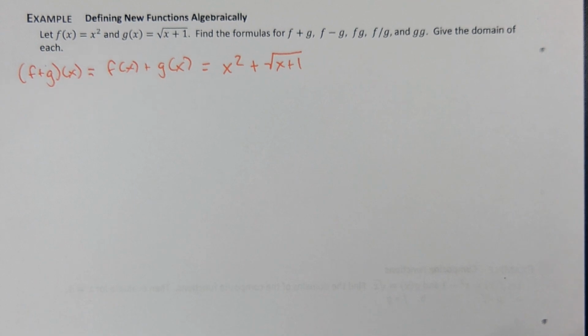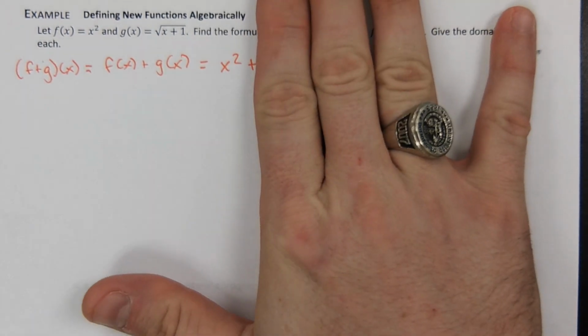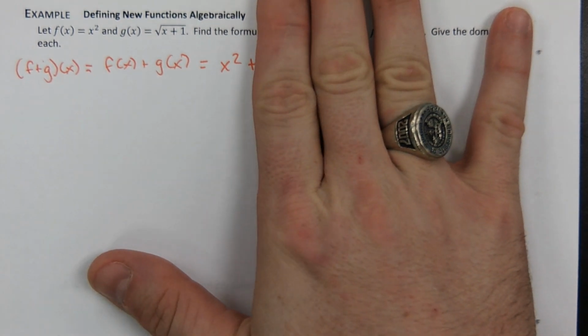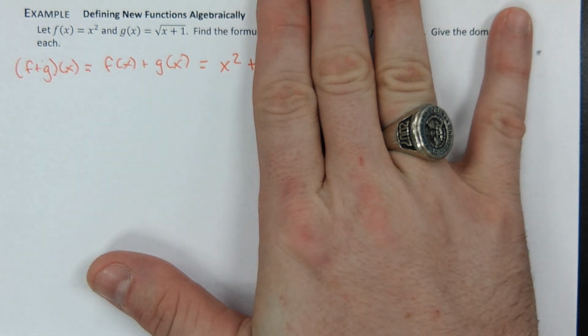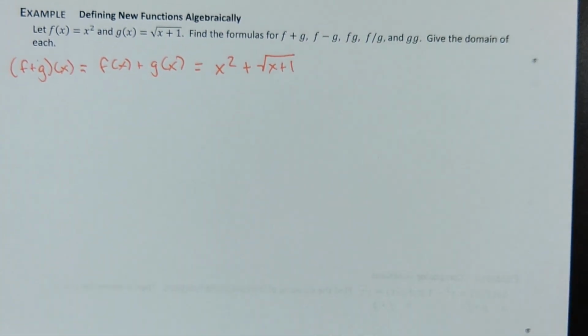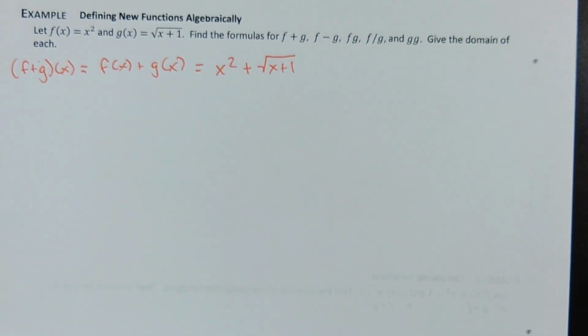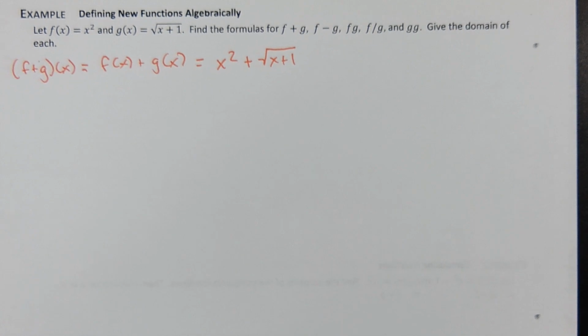X squared plus the square root of x plus 1. But we have to talk about what its domain is. Well, you could square any number you want. So this part of our function has absolutely no restrictions. But square root bars. What kind of numbers can I not take the square root of in the real number system? Negative numbers. So we have to make sure that x plus 1 is not negative.